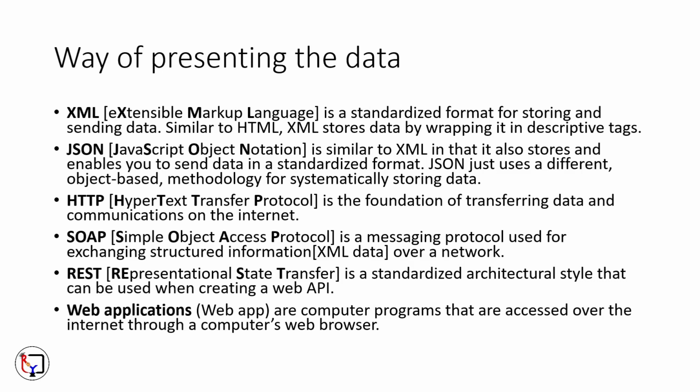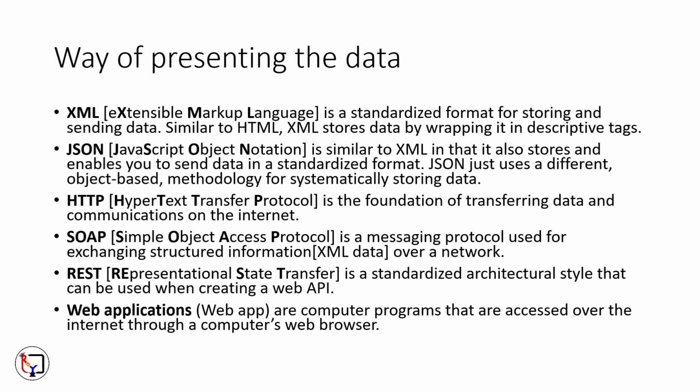XML stores data by wrapping it in descriptive text. Or JSON, JavaScript object notation, is similar to XML in that it also stores and enables you to send data in a standardized format. JSON just uses a different object-based methodology for systematically storing data.